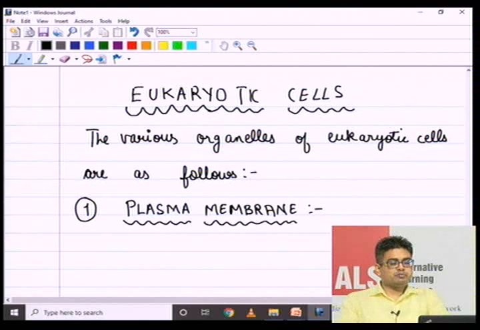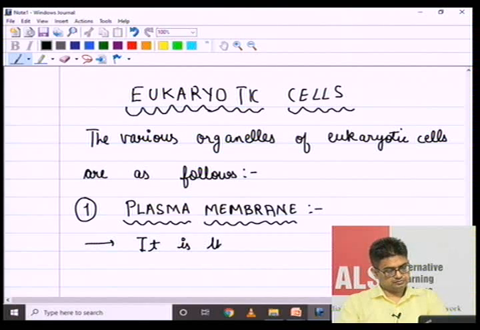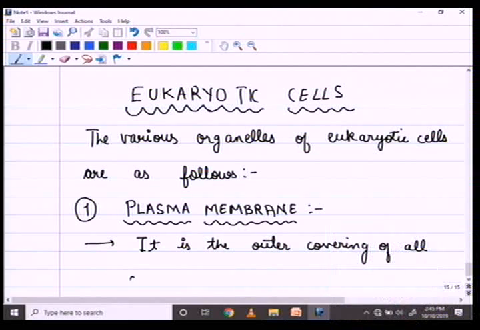So what's the plasma membrane? It is the outer covering of all cells. Plasma membrane is composed of two layers, or a bilayer, of lipids and proteins.